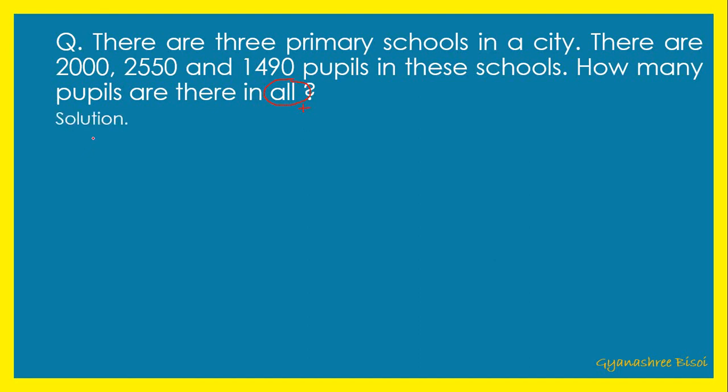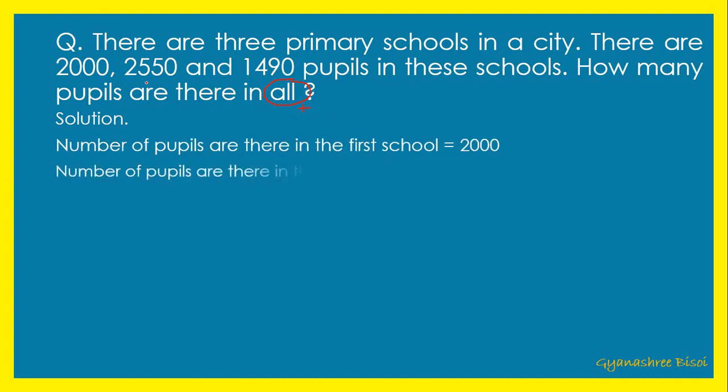Now solution. Statements, we will directly take it from the question. So number of pupils in the first school equals 2,000. Number of pupils in the second school equals 2,550.